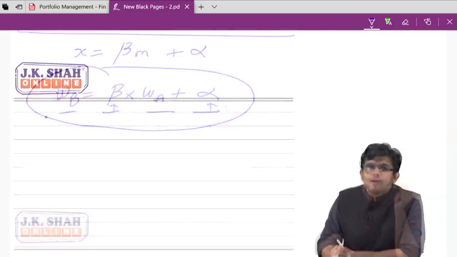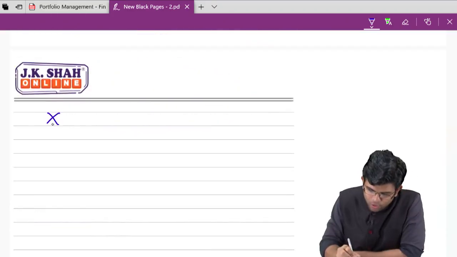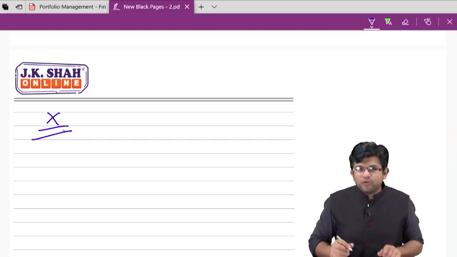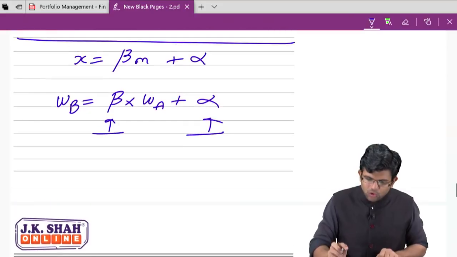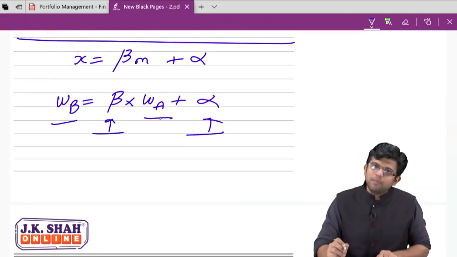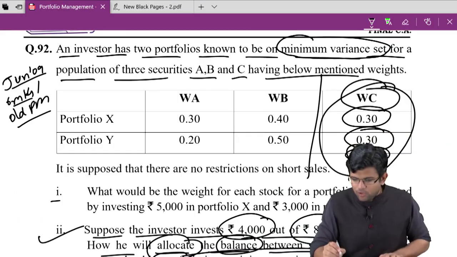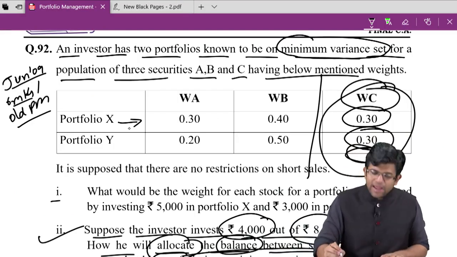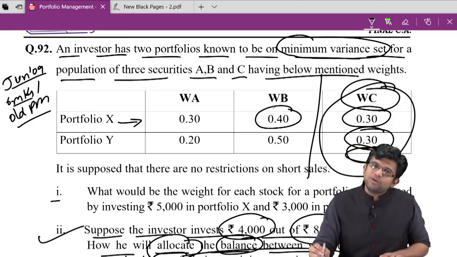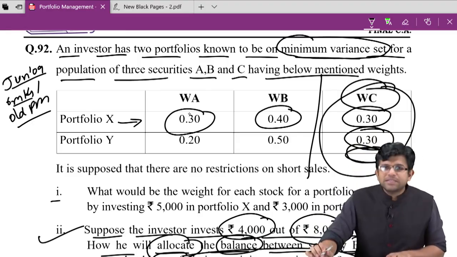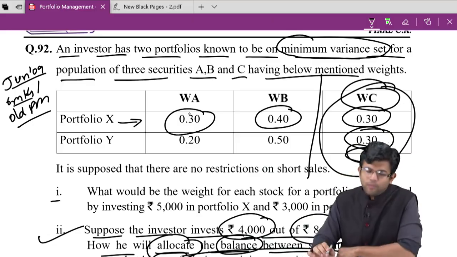Let us see how. Okay, students, now let's take portfolio X. In portfolio X, I am very sure you know that we have WB and WA with us. So let's create that equation. What are WB and WA in portfolio X? You can see WB is 0.4, WA is 0.3.